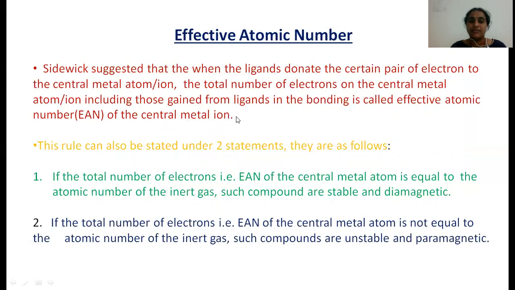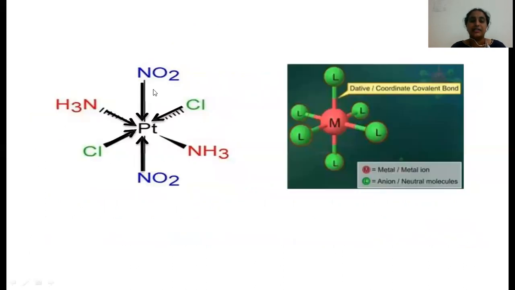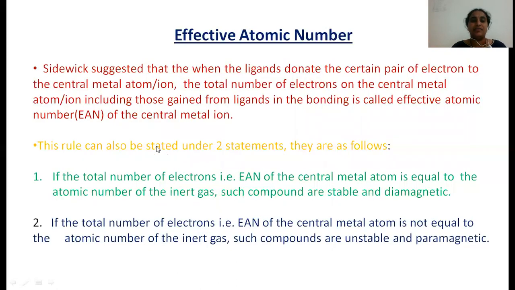Because while forming the complex, ligands donate electrons to the metal. So EAN is the electrons present on the metal plus the electrons gained from the ligands; the total electrons are called the EAN of the central metal ion.